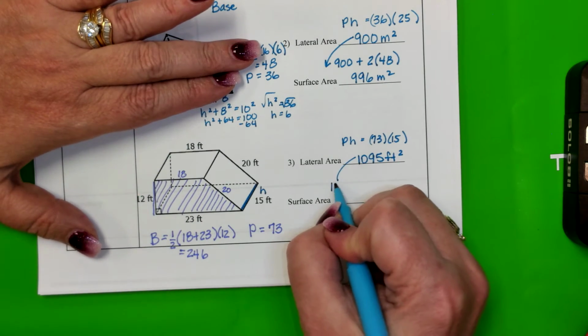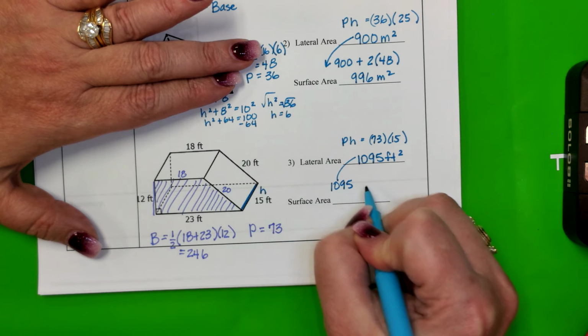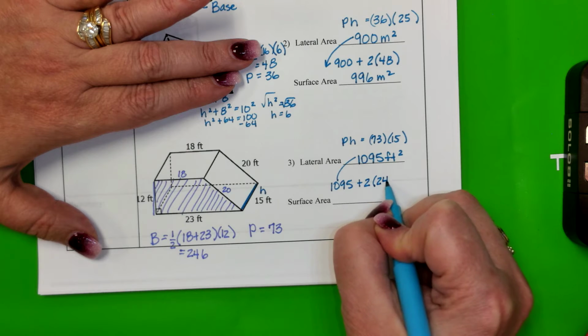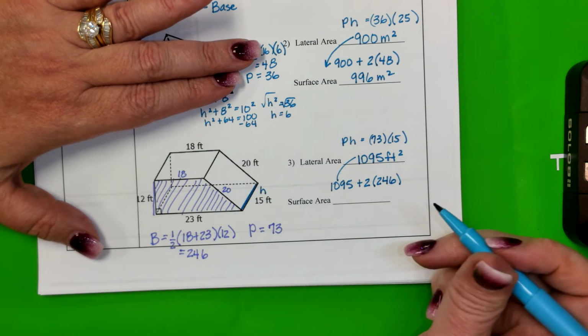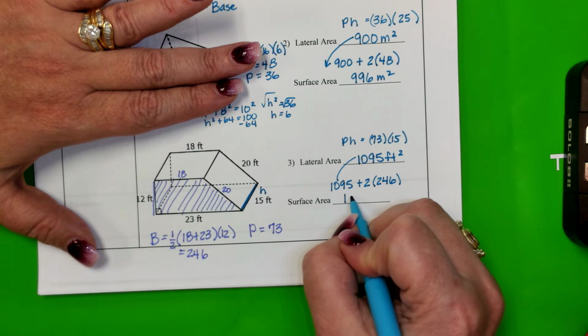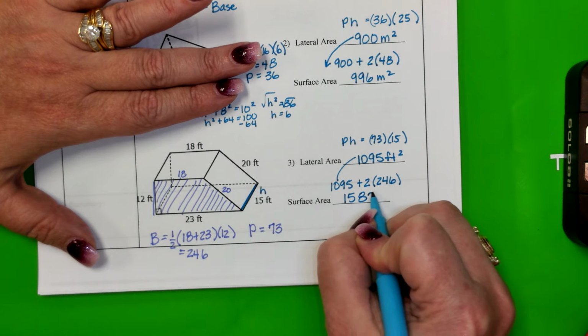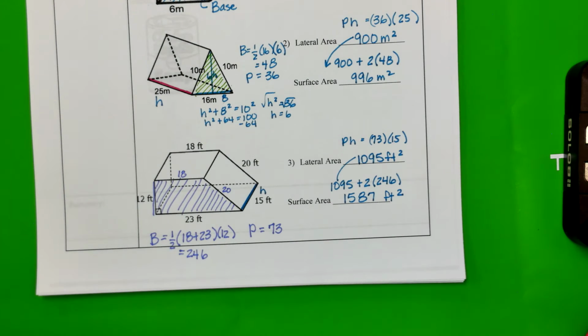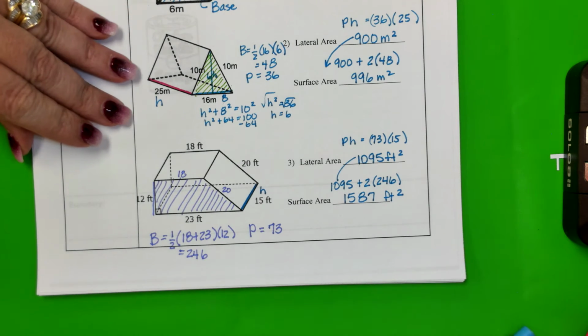Now let's add in our 2 trapezoids, which were 246 feet squared a piece. So if I add those back in, then I get 1,587 feet squared for my total surface area. That's all 4 rectangles and both trapezoids together.